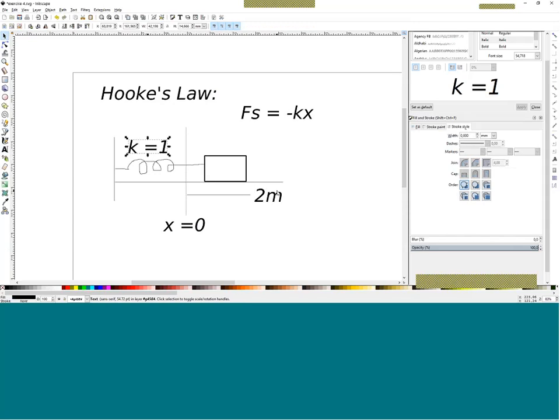I stretch it out 2 meters. What is the force that I apply? Keeping in mind that it is 2 newtons, yes.